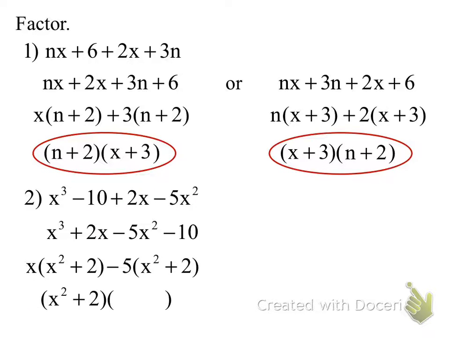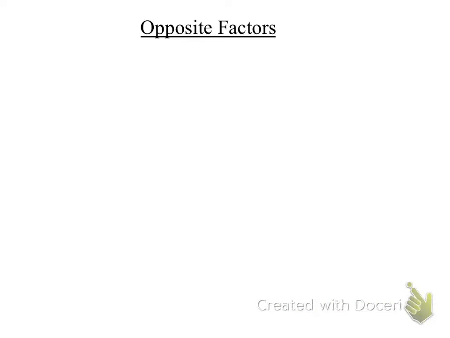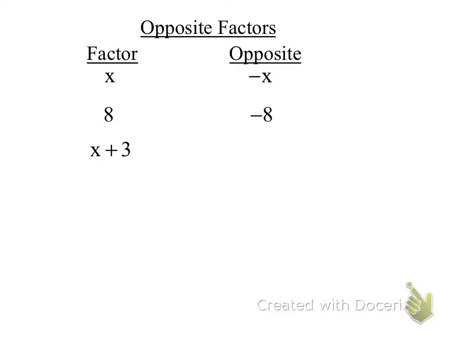Okay, moving on. Let's go to opposites. What's the opposite of x? Opposite of 8. Good. Opposite of x plus 3. Negative x minus 3. Or negative times the whole thing, or negative x minus 3. Right. Next one. Negative b minus a plus b.